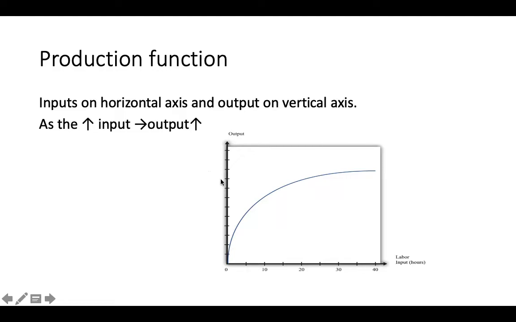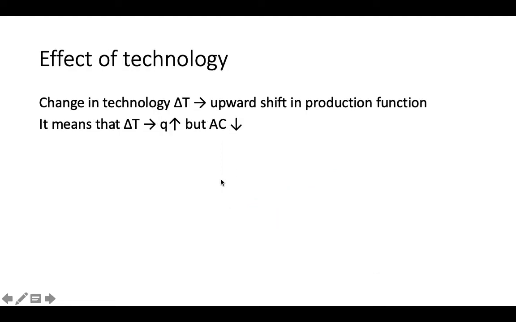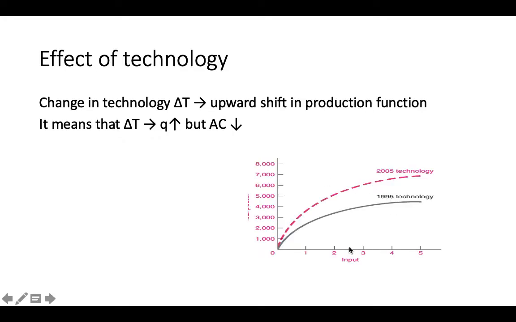To include the effect of technology, whenever there is a change in technology or improvement in the method of production, there is going to be an upward shift in the production function. Over here, we are taking inputs on the horizontal axis, output on the vertical axis. Now this 1995 technology is our initial production function.